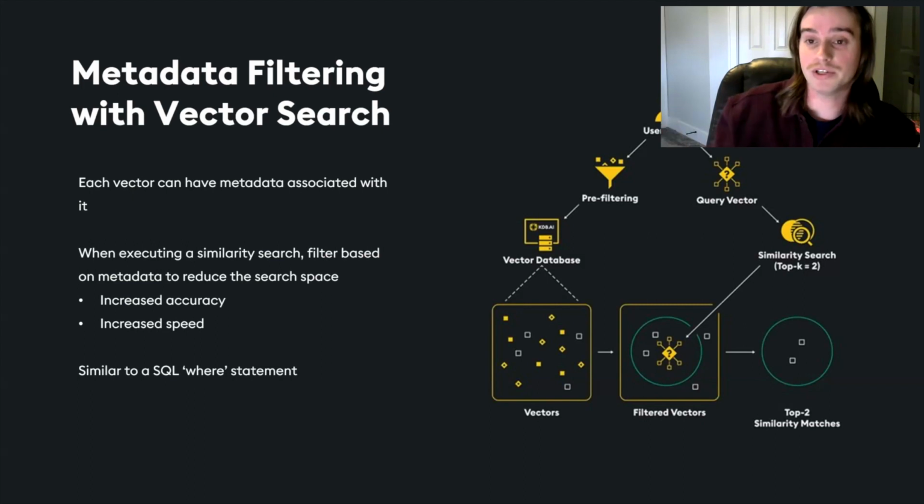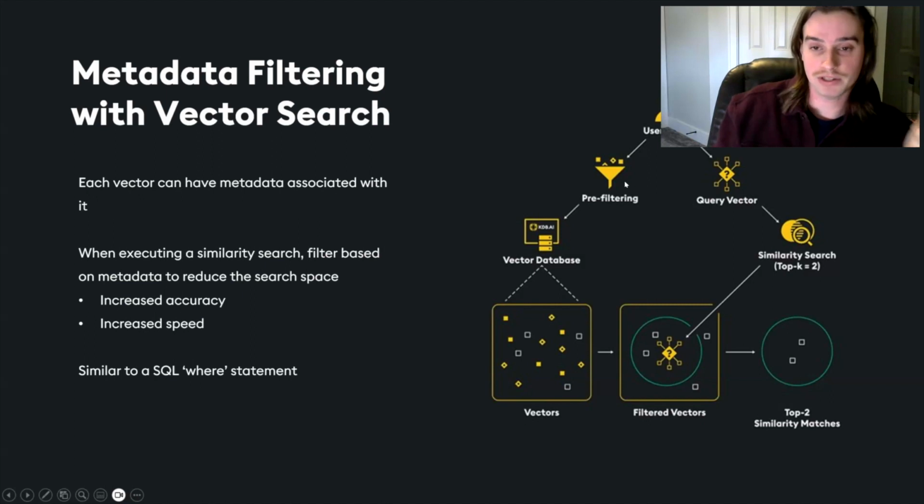I would say it's similar to a SQL where statement. All that means is that when the user queries our vector database, they can offer the query vector, which is the vector of the question they're asking, but they can also offer some custom filters alongside their query.